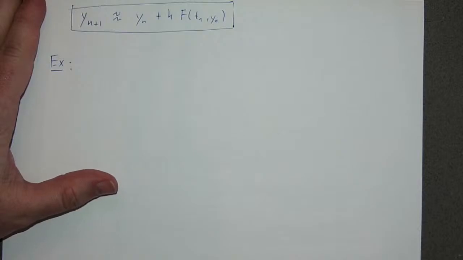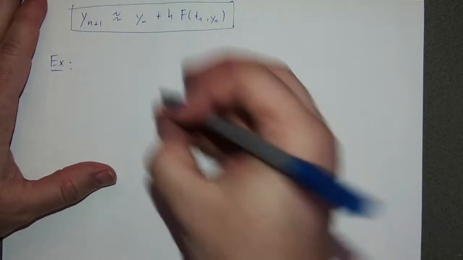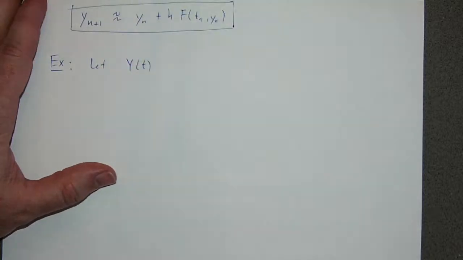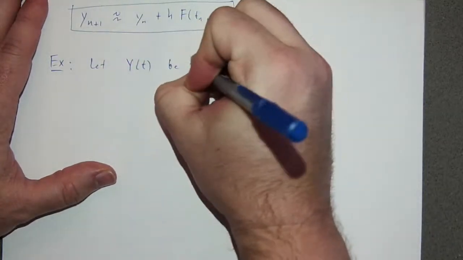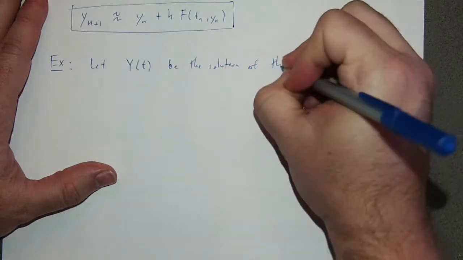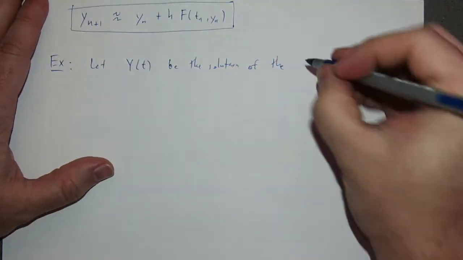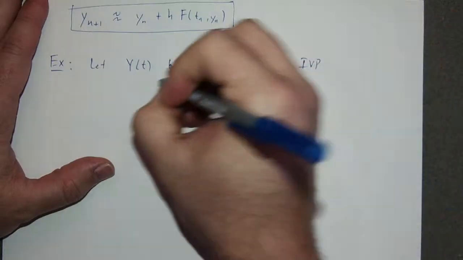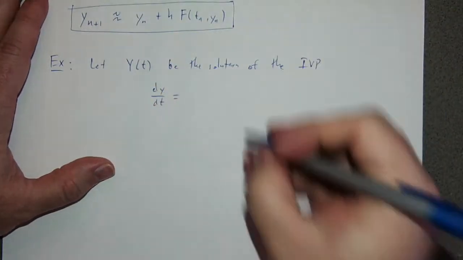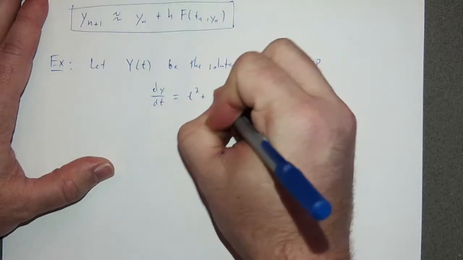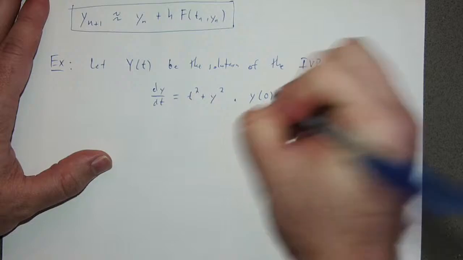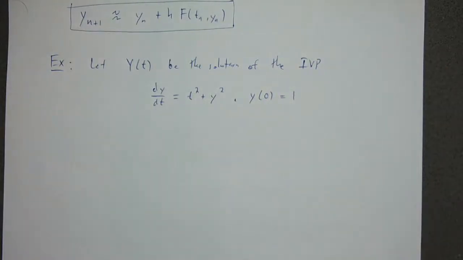So here's an example. Let big Y of t be the solution of the initial value problem dy dt is equal to t squared plus y squared, with initial condition y of 0 is equal to 1.